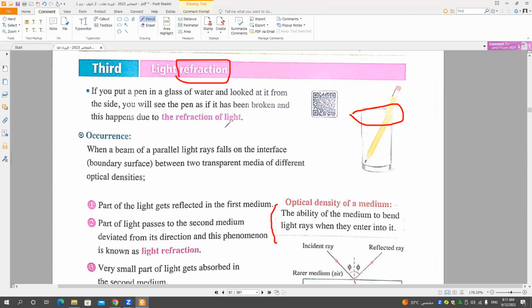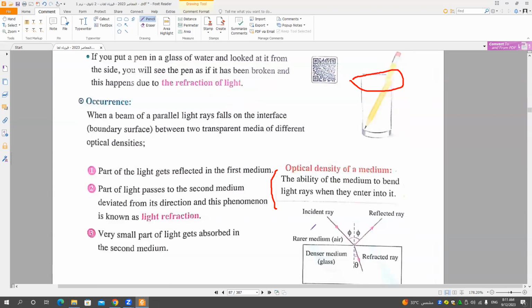What will happen when light rays fall on the glass cube? Some light rays may be reflected, the others may be refracted, and some light rays will be absorbed.